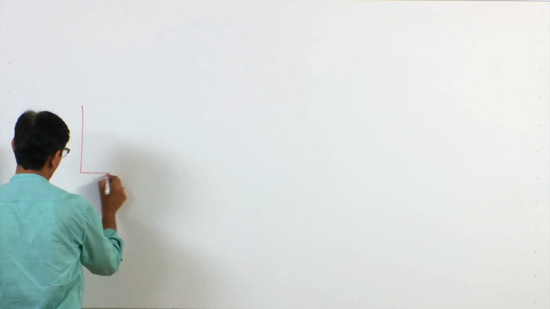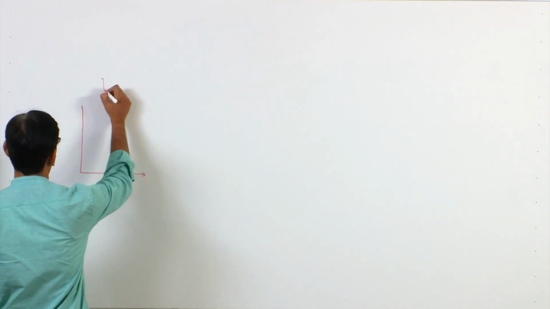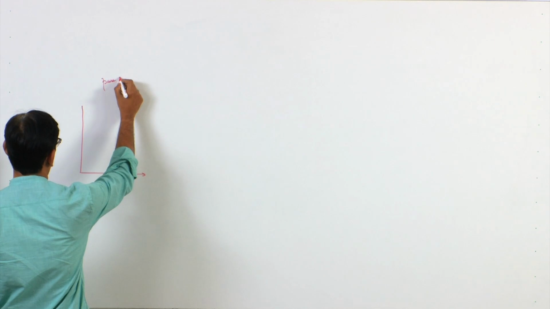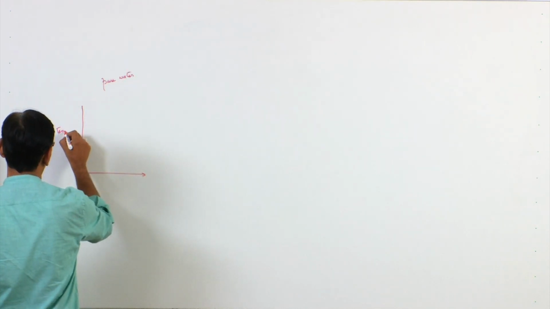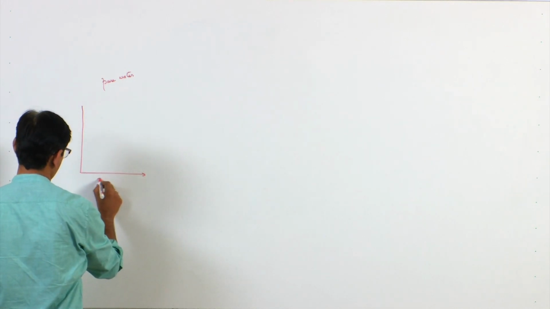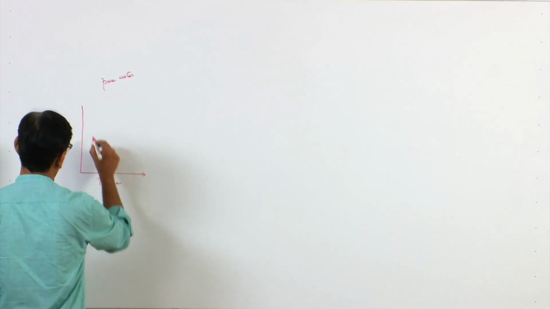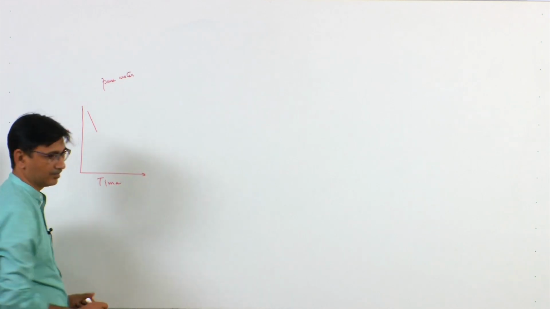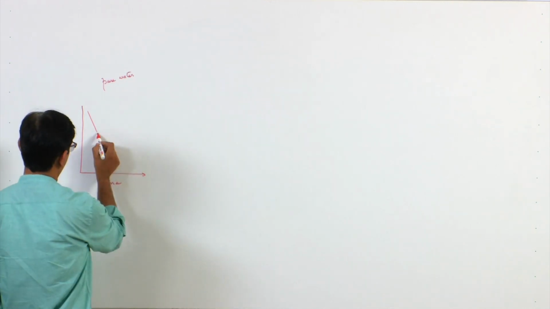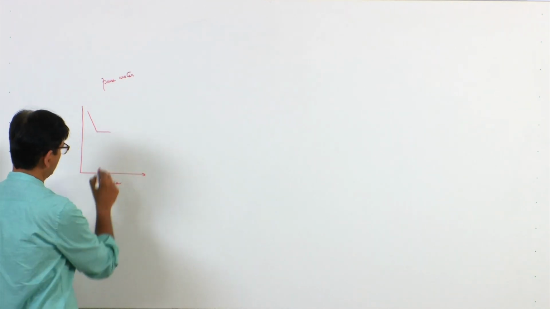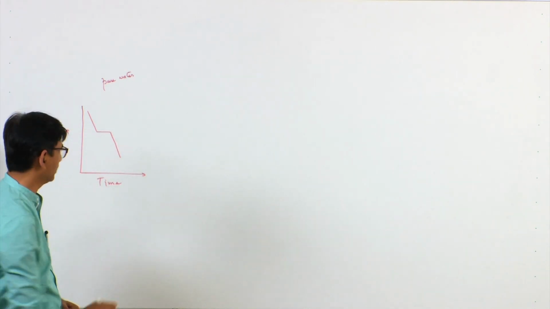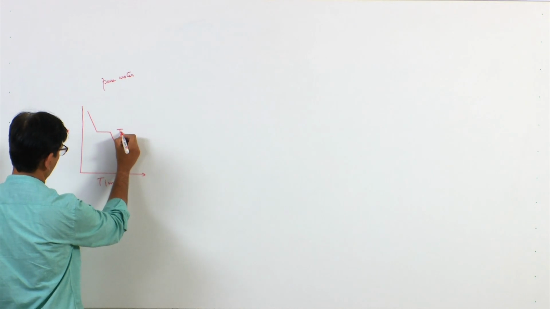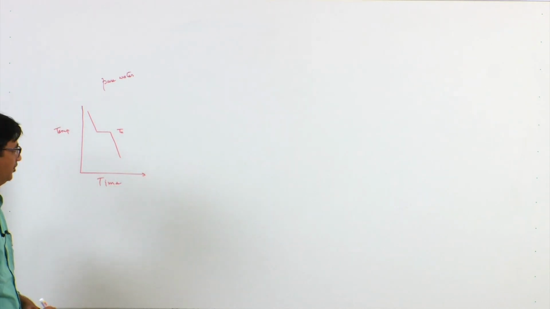So, for a single component, let us say pure water, this is temperature and this is time. I will have cooling in the liquid phase, then the transformation at constant temperature, and then cooling in the solid phase. That is why we call this the melting point or solidification point.